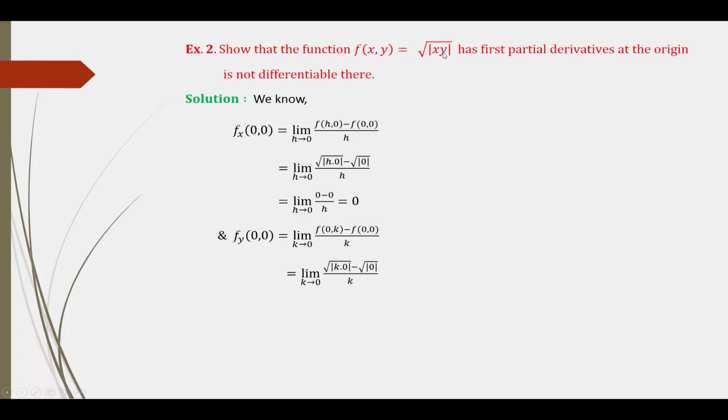Square root of modulus 0 into k, minus 0, upon k, is 0 minus 0 upon k, and the limit of 0 is 0. So fx(0,0) is 0, and also fy(0,0) is 0.